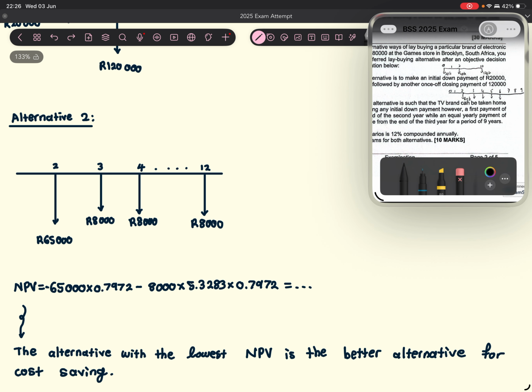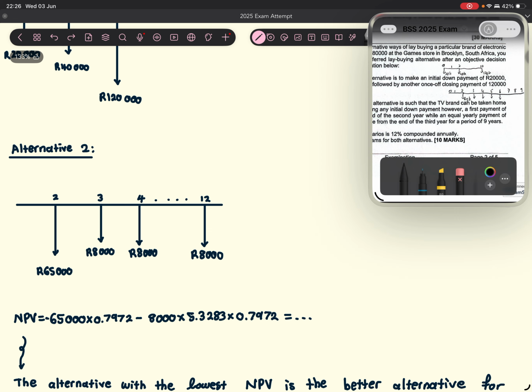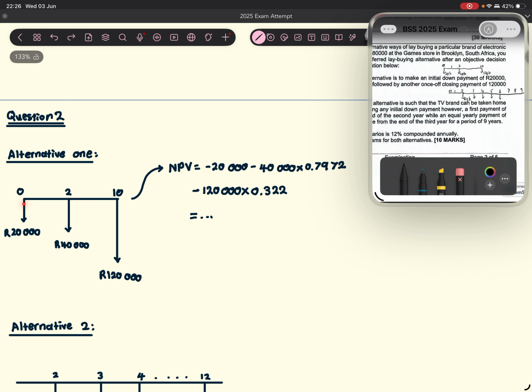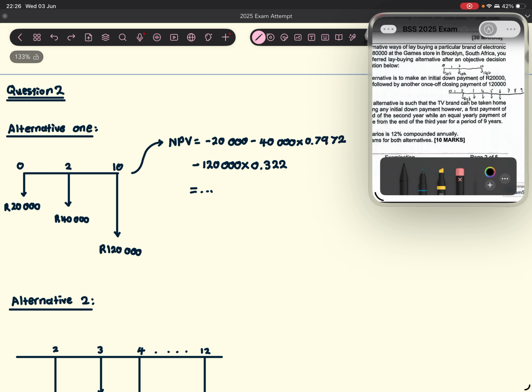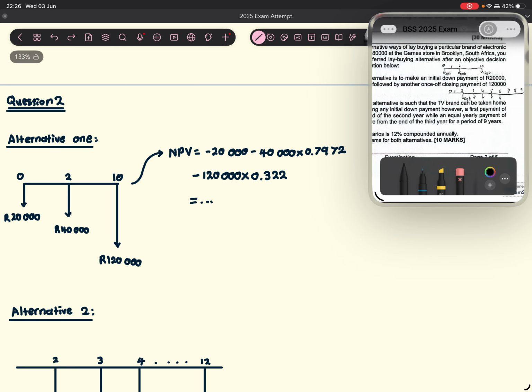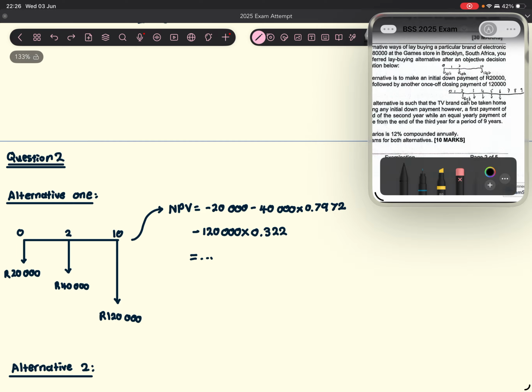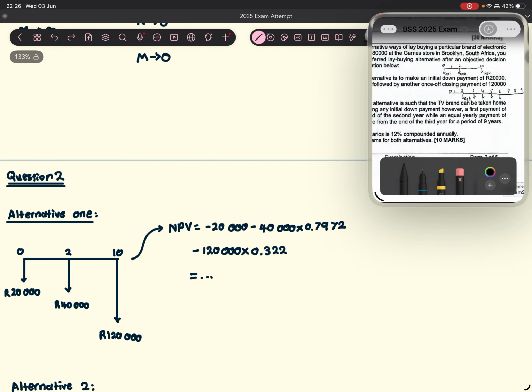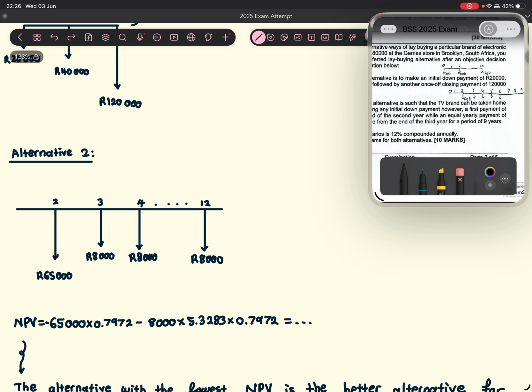Cool. So there are two ways of doing it. You could do the method that we did here, where you add each one and multiply by its own factor. This 40,000 rand payment was made in year 2, so you multiply by the factor for year 2, and then you carry on like that.